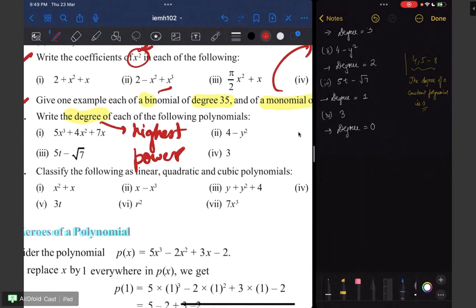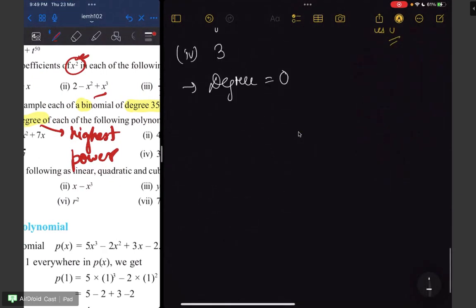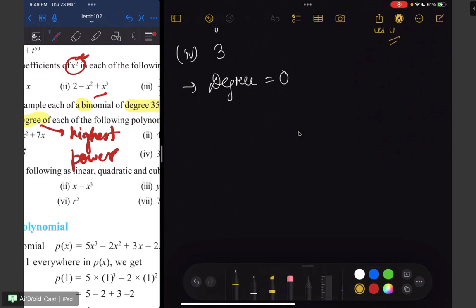Alright, next let's go to the last question, which is some polynomials are given. We need to classify the polynomials as linear, quadratic and cubic polynomials. This also I have already discussed in the previous class. Let's discuss it in brief again here. Now when do I say that the polynomial is linear? A polynomial is linear if the degree of the polynomial is 1. How can we say that a polynomial is quadratic?